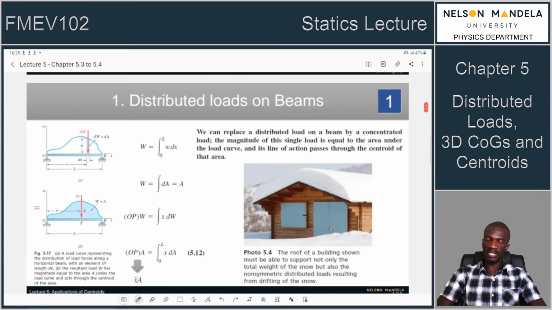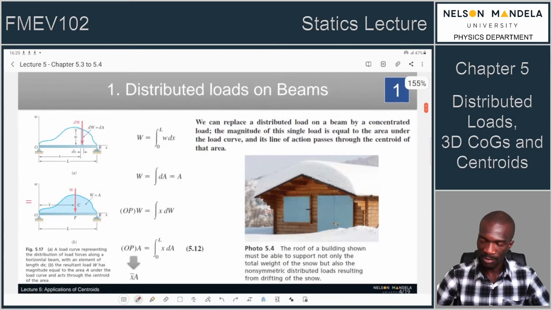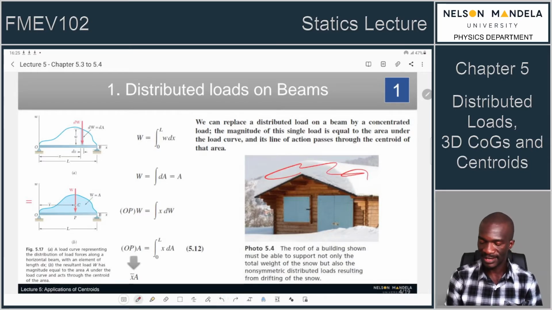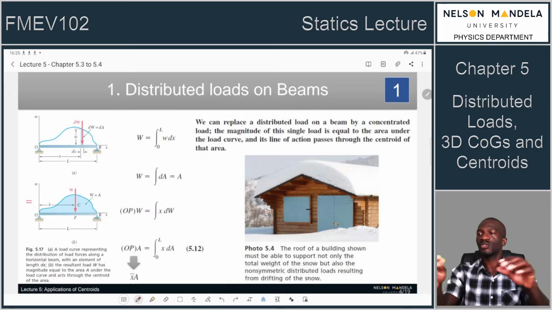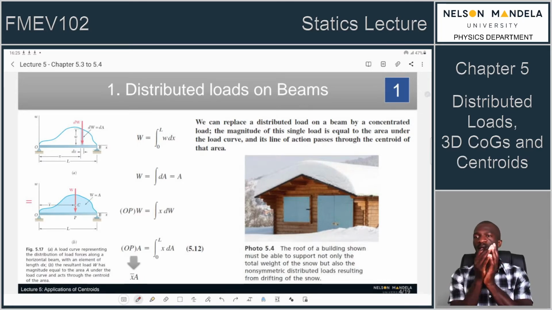So distributed loads are basically made up of some material. So this is snow, and it has been building up on this roof. So this is material of a known density, and it is now distributed on top of the roof. The roof supports the elements or the beams that are experiencing a load on top.